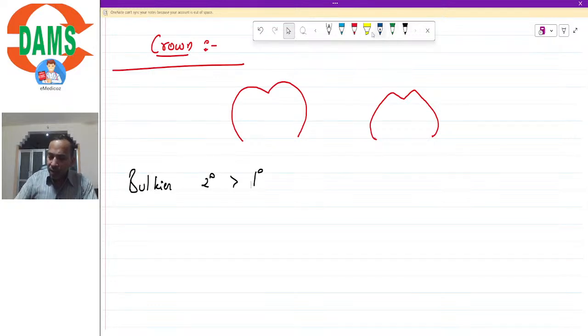And when you look at their surfaces, the permanent tooth appears to have a curve, whereas the primary tooth, just above the cervical ridge, is flat. This is the cervical ridge.